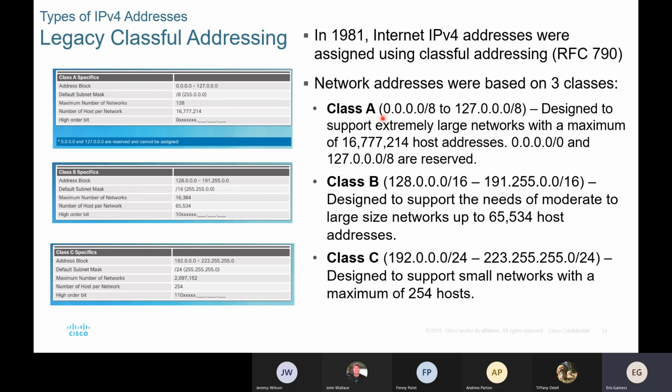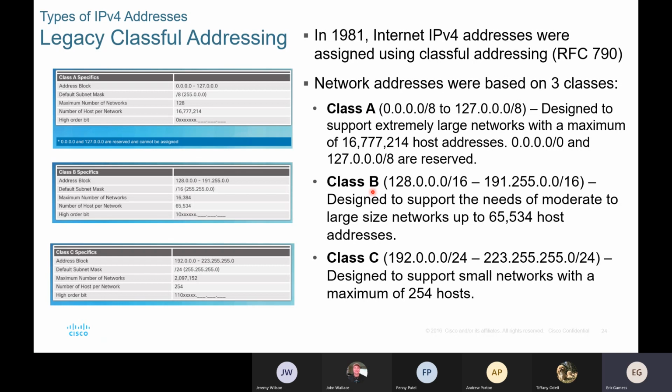I have slides that give a little more information. But there are very few class A networks, and they are huge. They have a lot of IP addresses inside. Class B addresses are medium size.